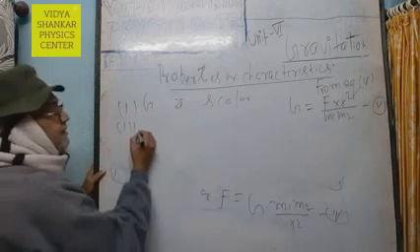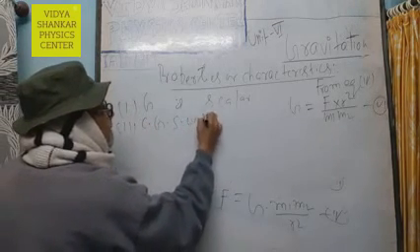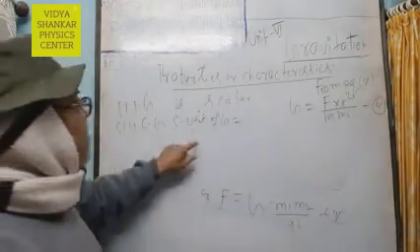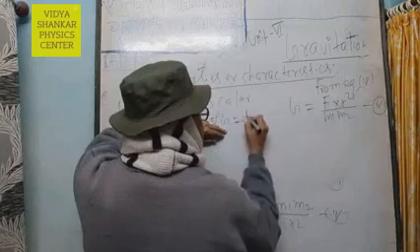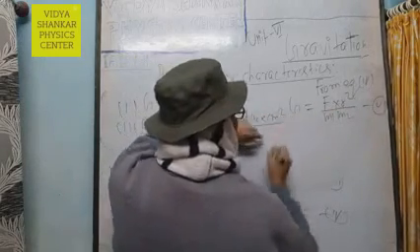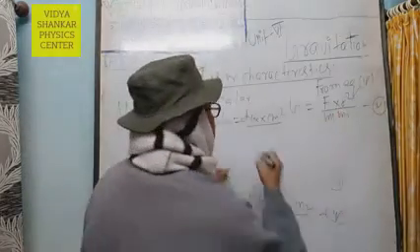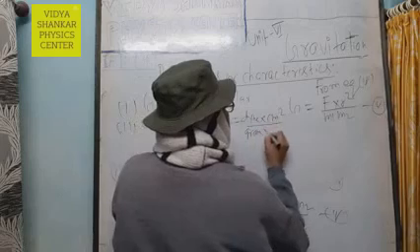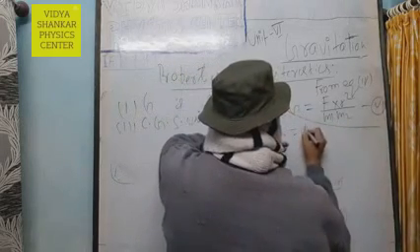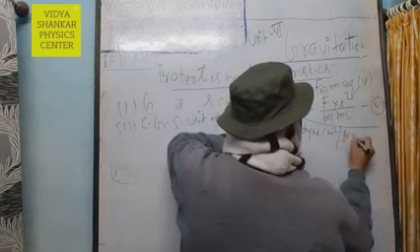Second, the CGS unit of capital G. F in dyne, R square in centimeter square, upon M1 M2 in gram into gram, equals dyne centimeter square per gram square.